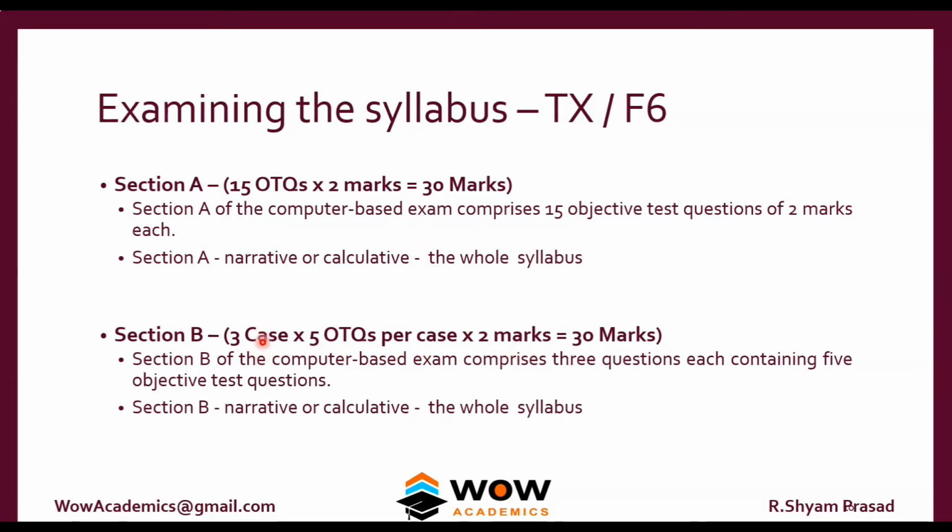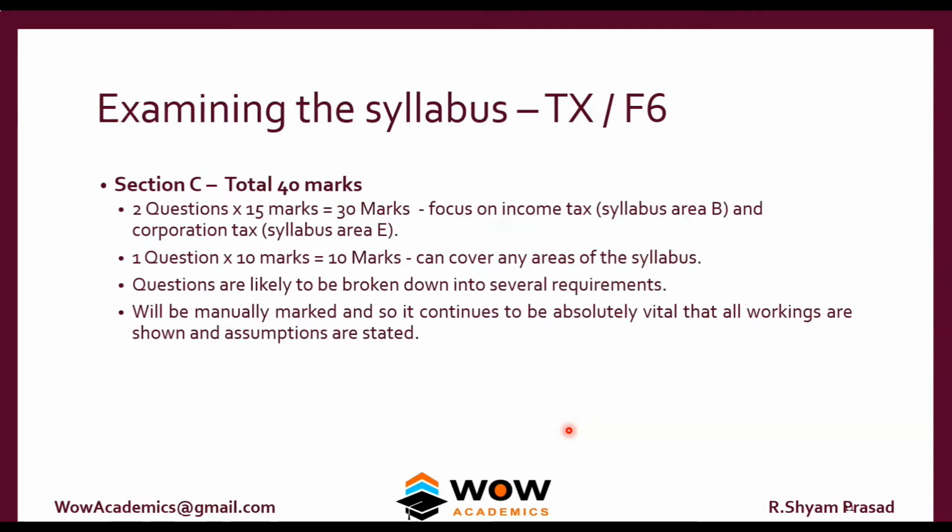So it's going to be 3 cases of 5 OTQs, which is 15. 15 into 2 marks, it's going to be 30 marks of examination. The section B of the CBE exam comprises 3 questions, each containing 5 objective test questions. Again, it's going to be a narrative or a calculative kind of question, and it will examine the entire syllabus. So you can expect this question to come from any part of the syllabus.